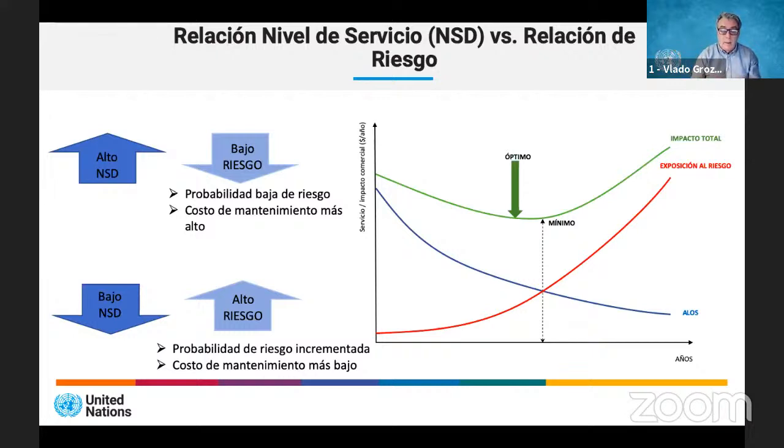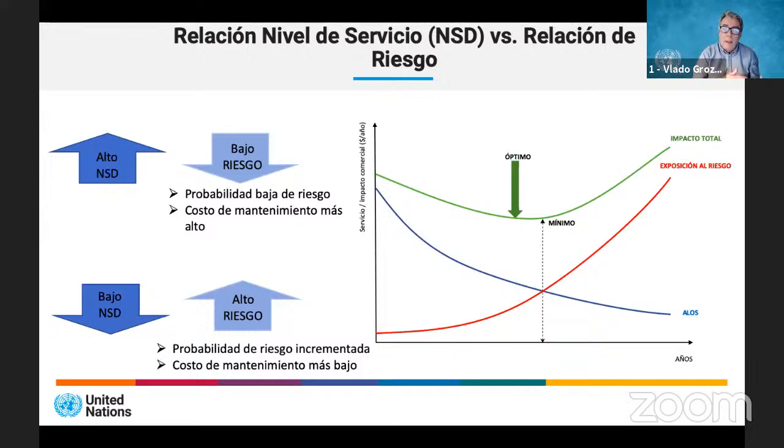assets have deteriorated, the accumulated depreciation is higher, then we have a lower value of our assets, the condition is reduced drastically over time, and the exposure to risk is higher, then we need a lot of money to mitigate that risk at the end of the asset life.